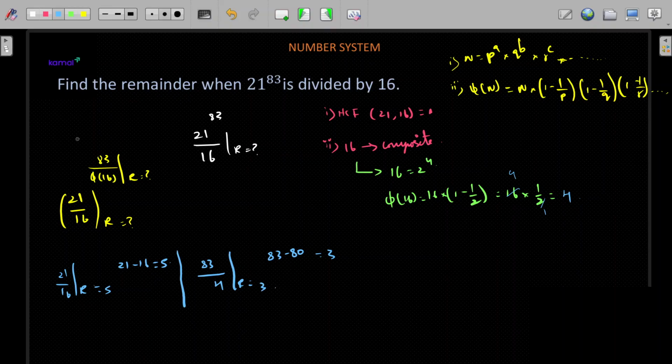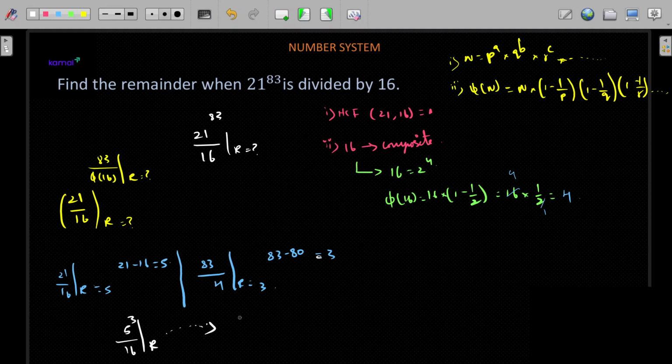So eventually in the place of 21 it will become 5, and in the power of 83 it will become 3, so 5 cubed divided by 16. I have to find my remainder. Yes or no?